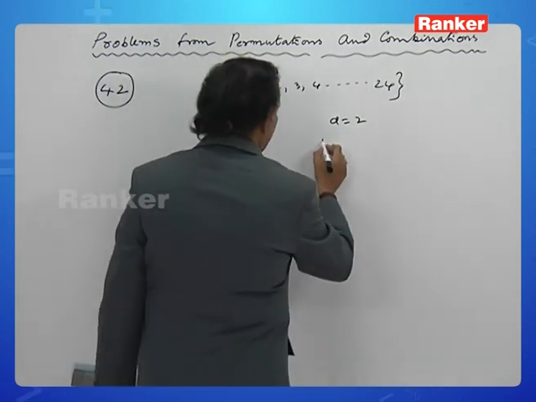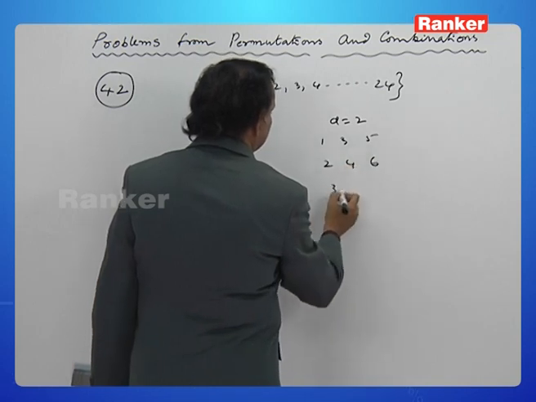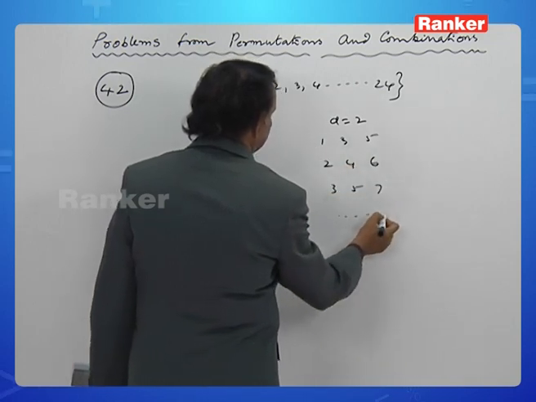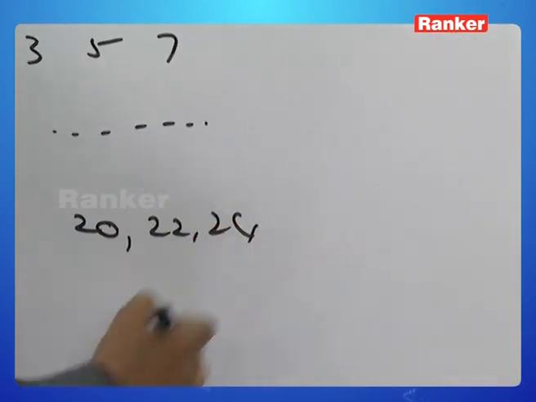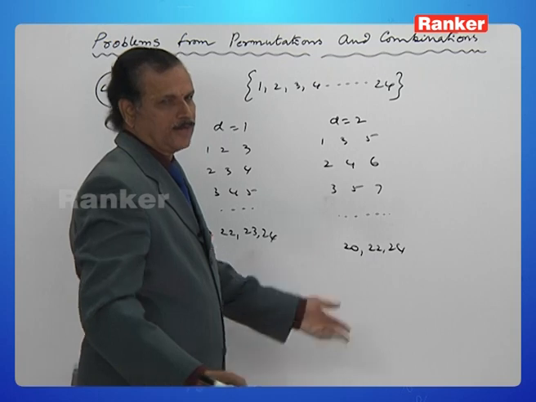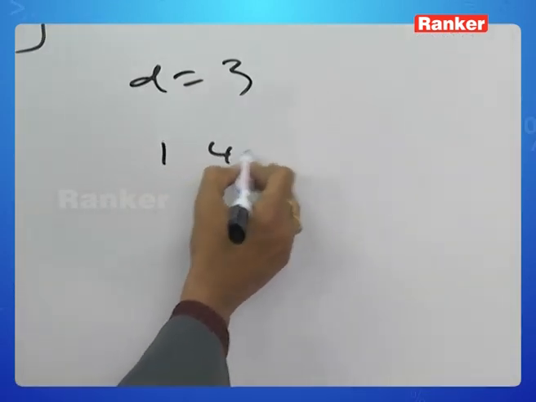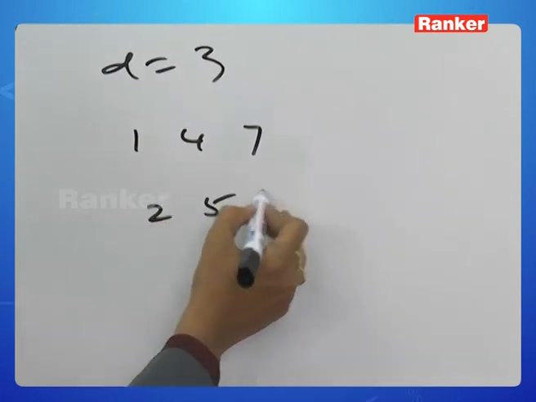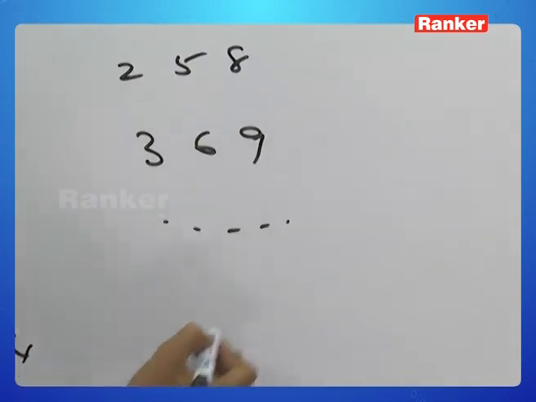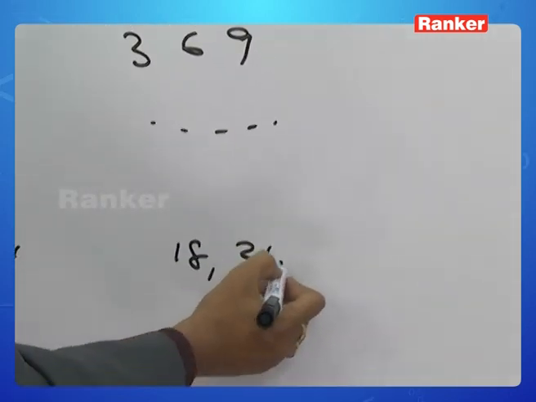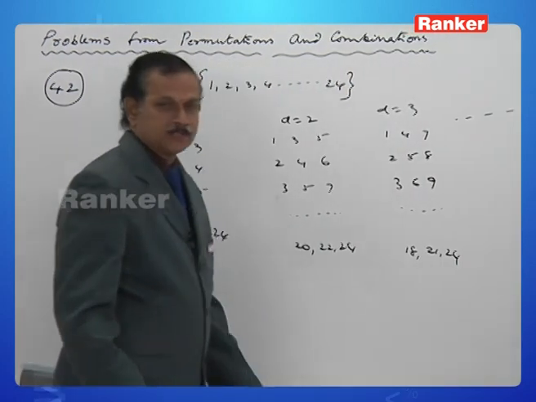Then 1, 3, 5; 2, 4, 6; 3, 5, 7; and so on, up to 20, 22, 24. How many are these in number? 20. If the difference is 3, what happens? 1, 4, 7; 2, 5, 8; 3, 6, 9; and so on, up to 18, 21, 24. The difference can be any value.